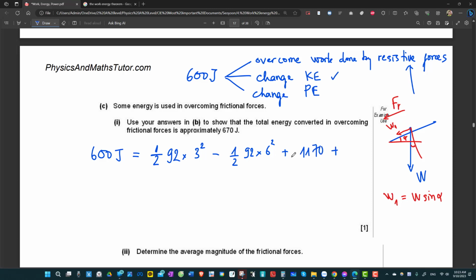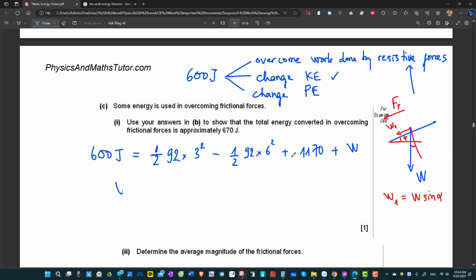And lastly, overcoming the work done by resistive forces, that is the thing that we need to calculate. This resistive force is the sum of W1 and Fr, the friction. Let's call that W to simplify the problem.